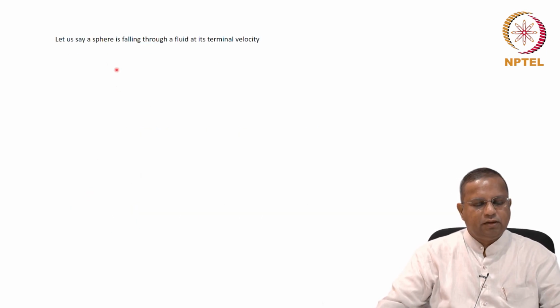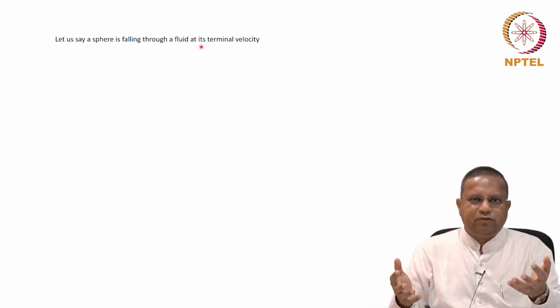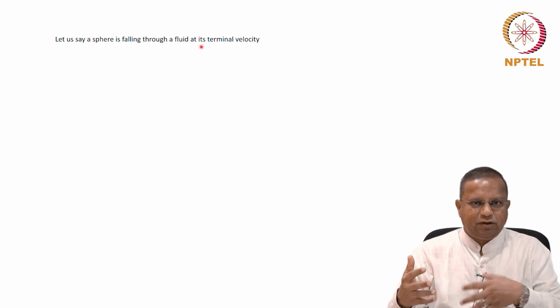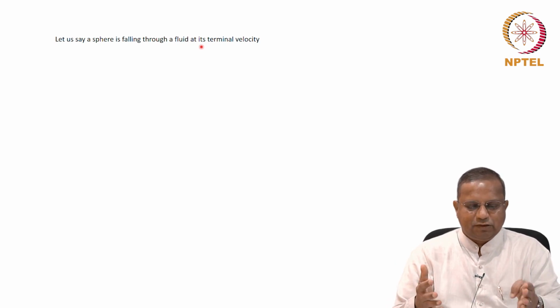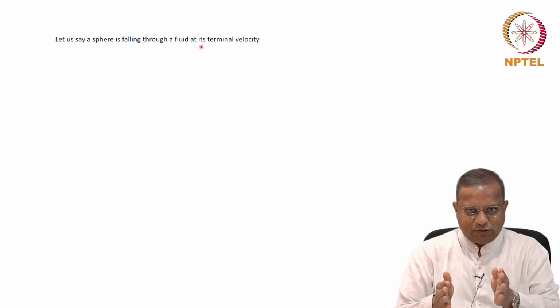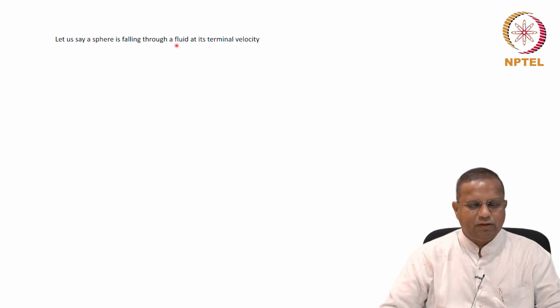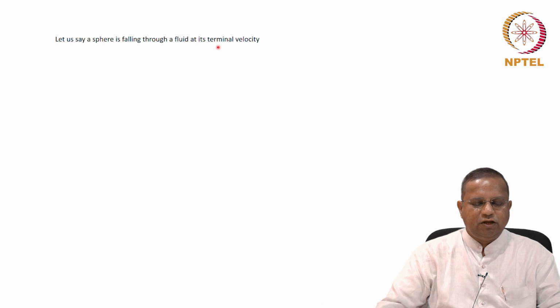Now let us say that a sphere is falling through a fluid at its terminal velocity. This is something that you're very familiar with. All the Stokes law and things like that have been derived using this scenario. The sphere is falling through a fluid at its terminal velocity.